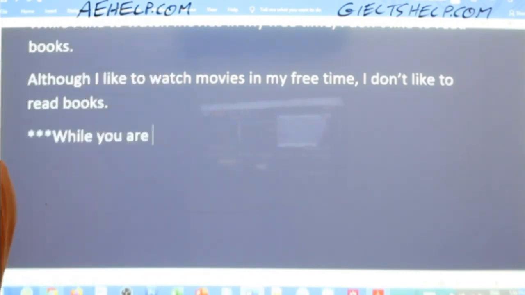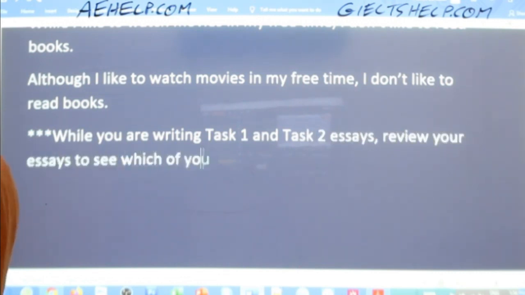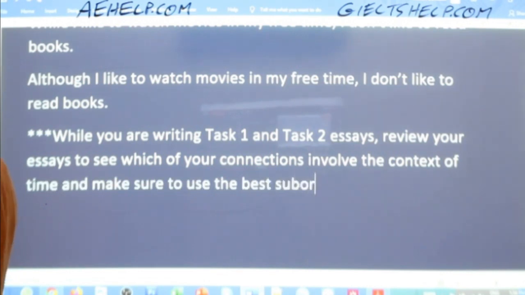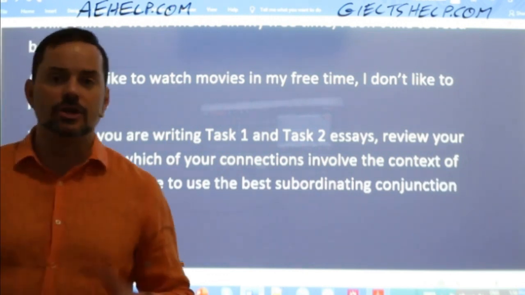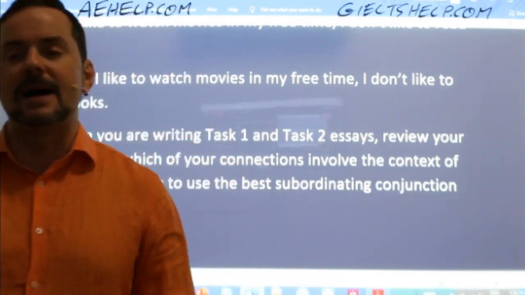While you are writing Task 1 and Task 2 essays, review your essays to see which of your connections involve the context of time and make sure to use the best subordinating conjunction possible. Of course, you want to do that in your university essays and in your business deals because it will make your writing much more powerful and much better.